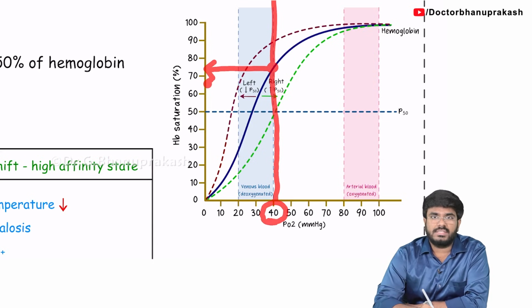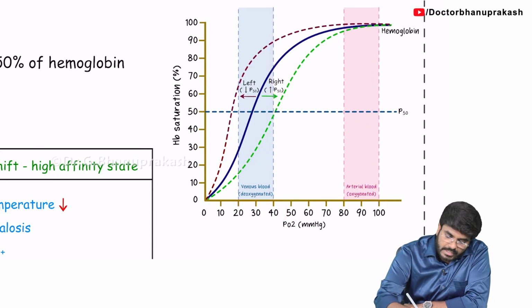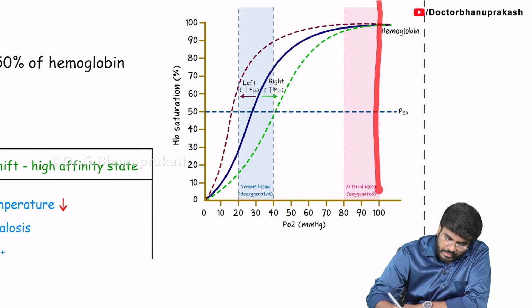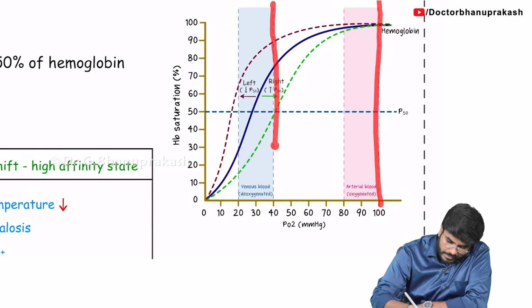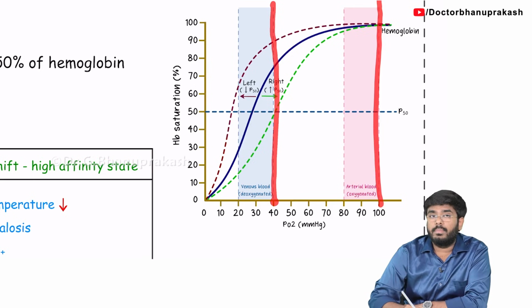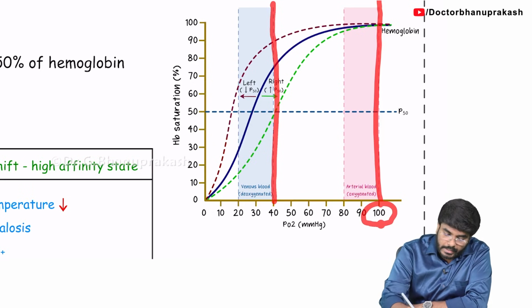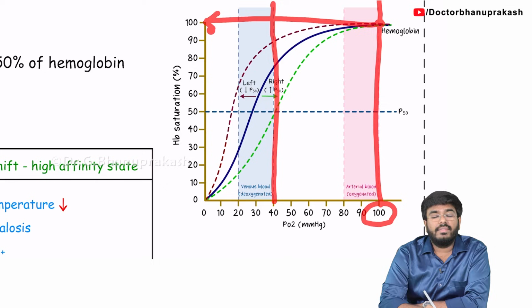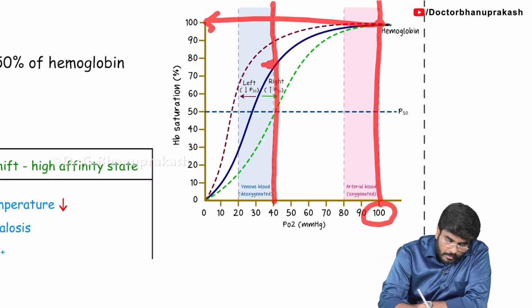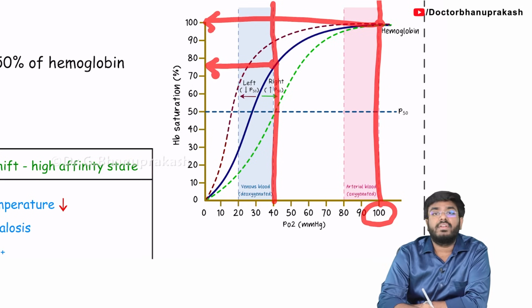So 75% saturated. Finally, the statement I am trying to give here, I am taking two lines. In the arterial blood, when the partial pressure of oxygen is 100, hemoglobin is 100% saturated. In the venous blood, when the partial pressure of oxygen is 40, the hemoglobin saturation is only 75%.